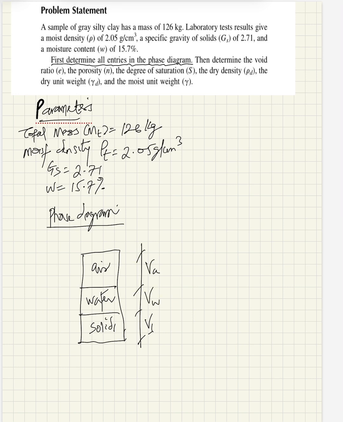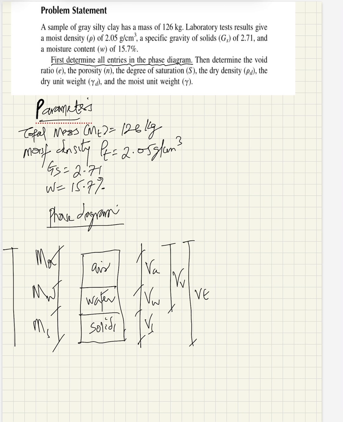The combination of these two is the volume of void, while the total is total volume. On the mass side, we have mass of solid, mass of water, mass of air. Mass of air is 0. So this is the total mass. So these are the entries in the phase diagram.